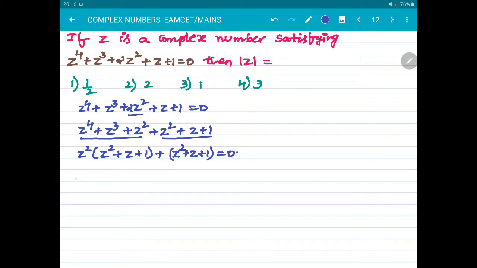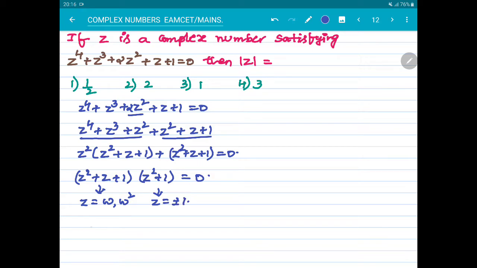Again taking z^2 + z + 1 as the common factor, now in the second bracket we have z^2 + 1 = 0. Mind you, the roots for z^2 + z + 1 = 0 are z = omega and omega^2. For z^2 + 1 = 0, the roots are z = plus or minus i.